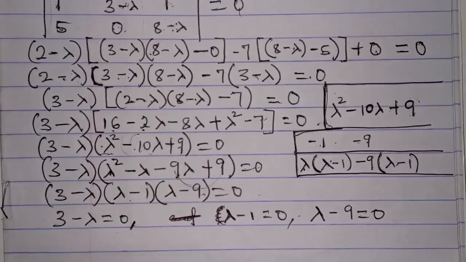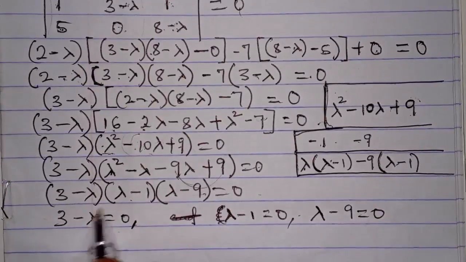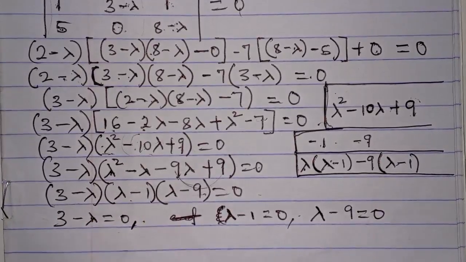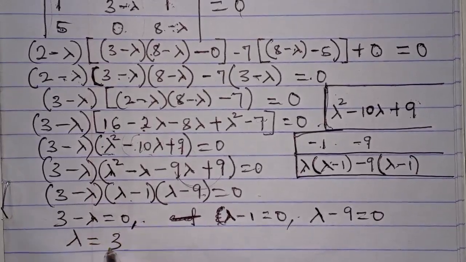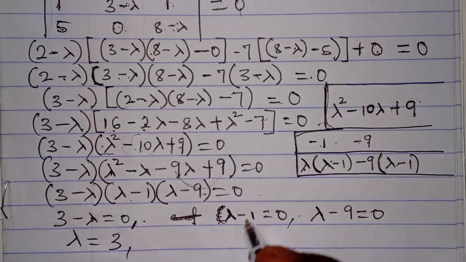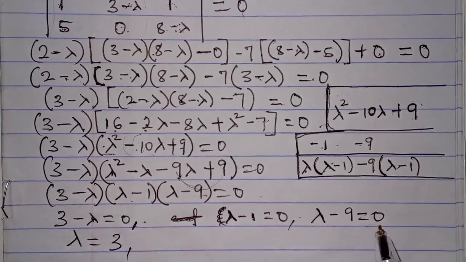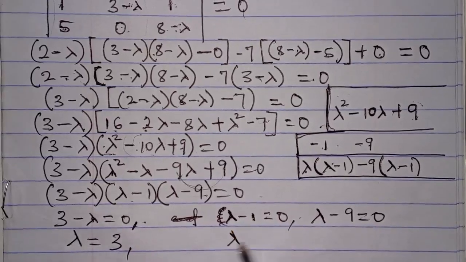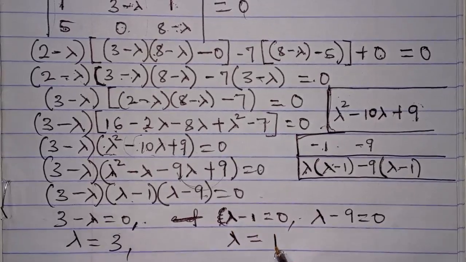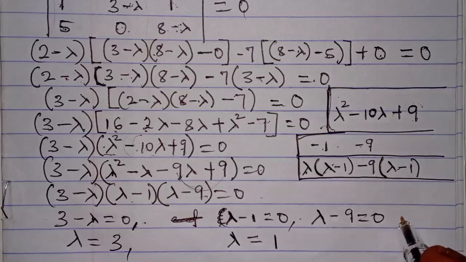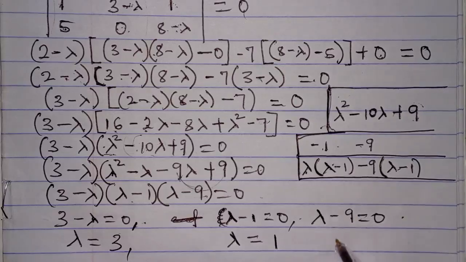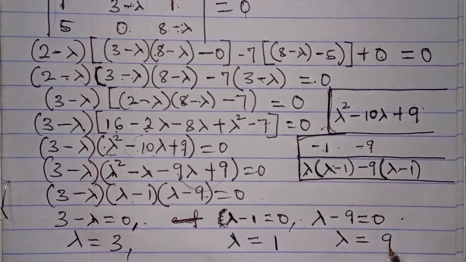And if this is so, from here now, lambda will cross to the other side and become positive. It means that lambda equal to 3. From here, minus 1 will cross and turn to a positive 1. It means that lambda equal to 1. From here, minus 9 will cross and turn to positive 9. It means that lambda equal to positive 9.